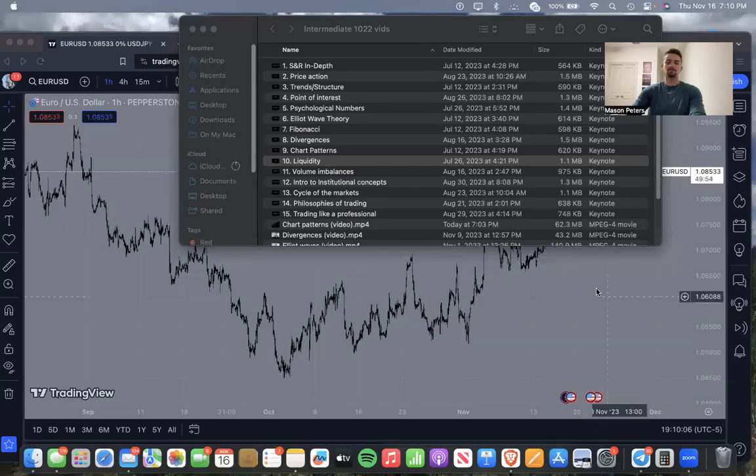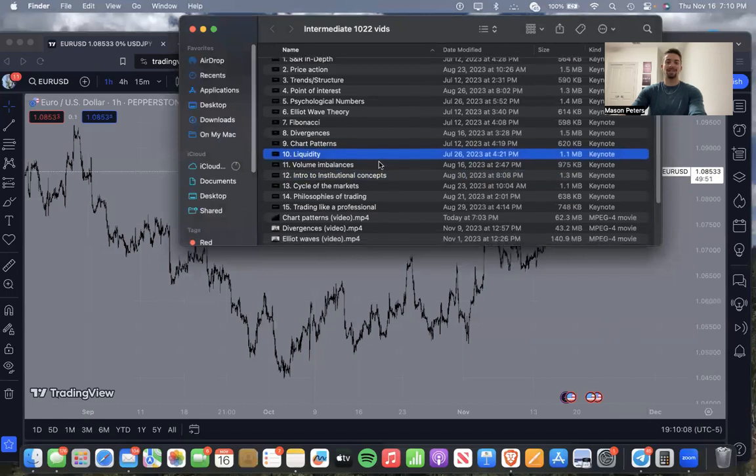It's built up orders, pending orders. There's liquidity all over the place. And if you can grasp this lesson on liquidity, you should be moving along very nicely in your understanding of the financial markets. So let's dig in deeper into liquidity.